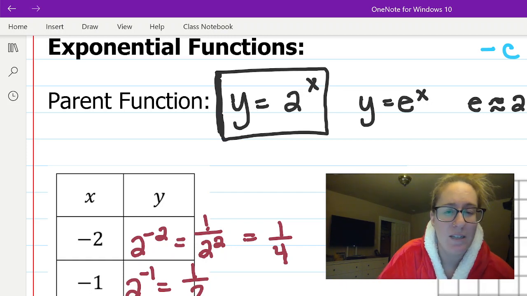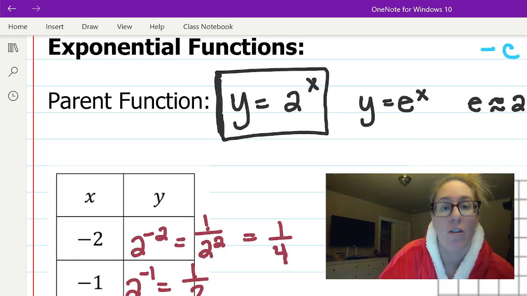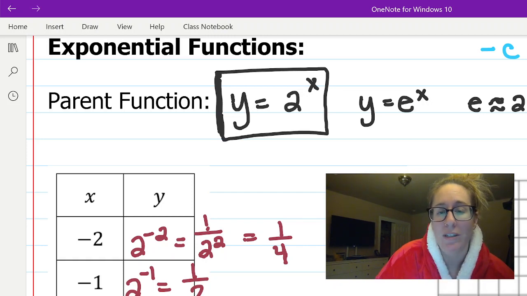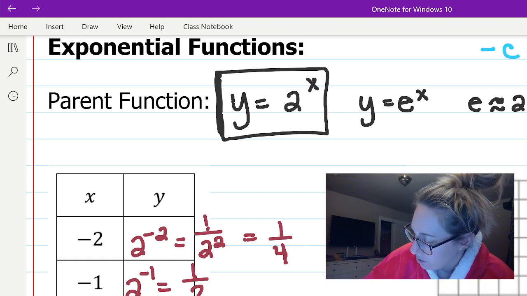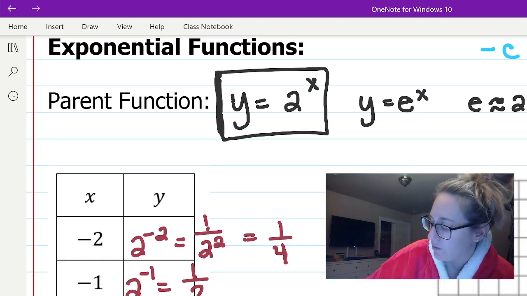If you take a positive base and you raise it to an exponent, it is impossible to get a negative number unless there are other transformations happening. So we know that our value is always going to be greater than 0. That means it's going to flatline at 0, and then it will curve up.